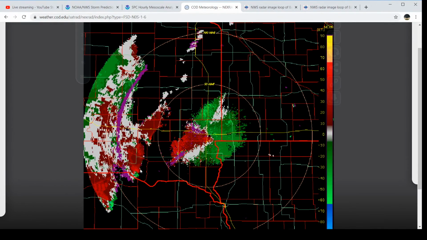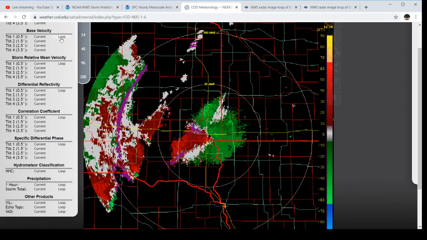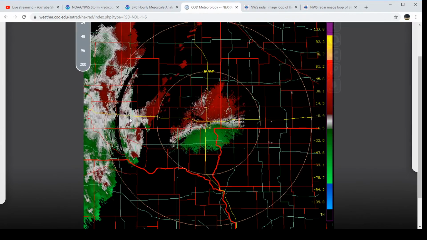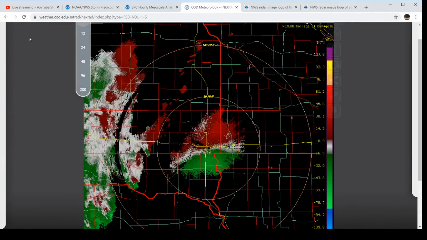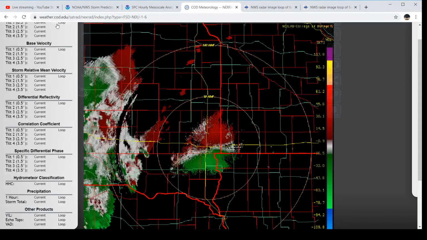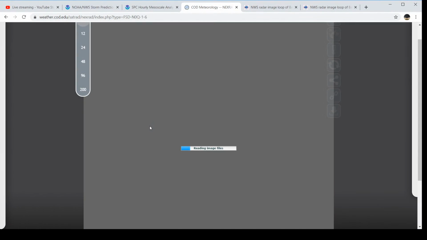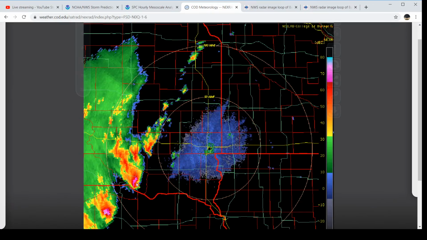So you can see still a nice little couplet. I mean, look at that hail core right there, boy. All right, that's very nice. And you can actually see it rotating into the storm. That's crazy. Okay, so far that's the only thing.